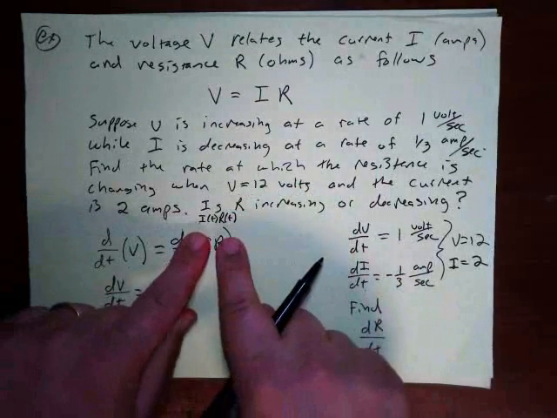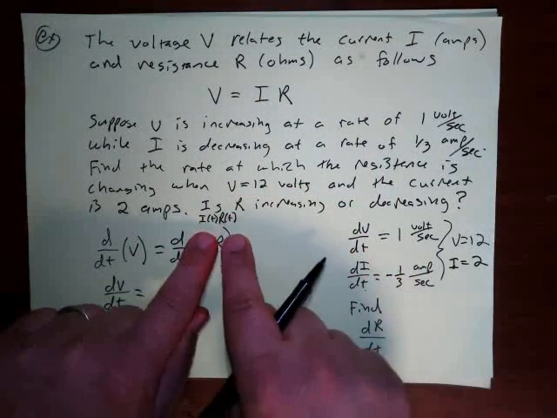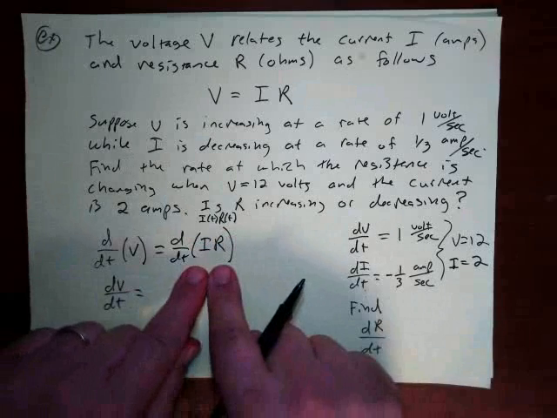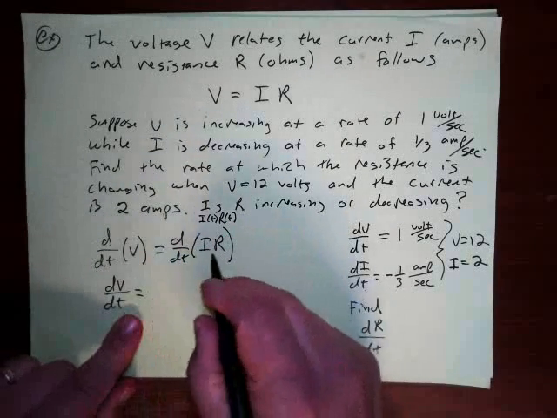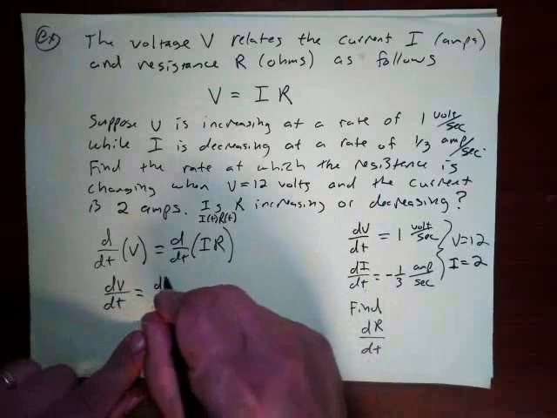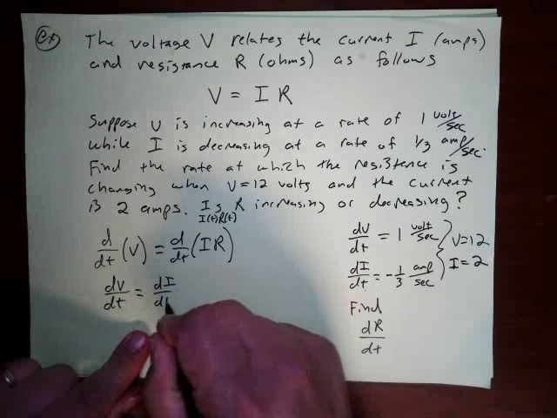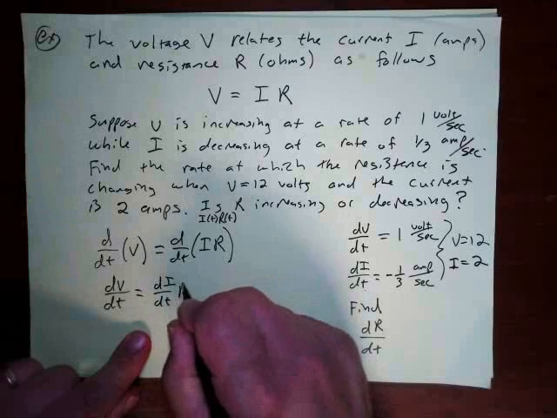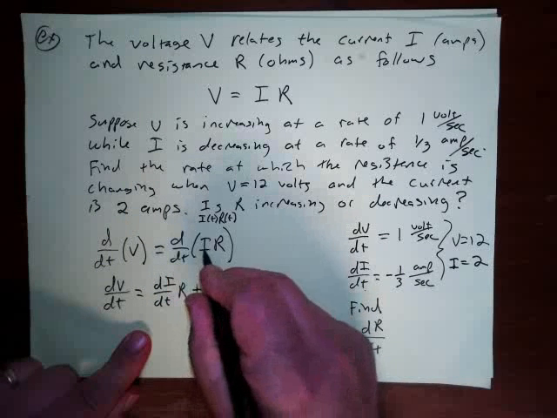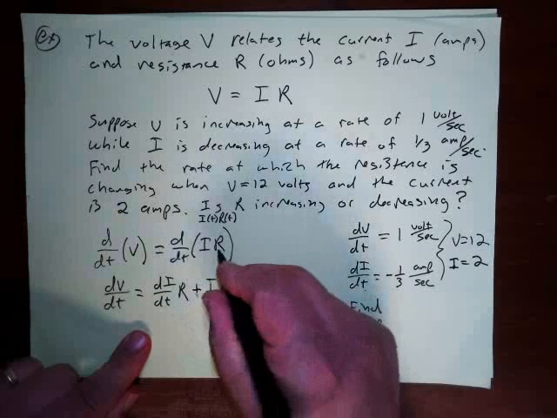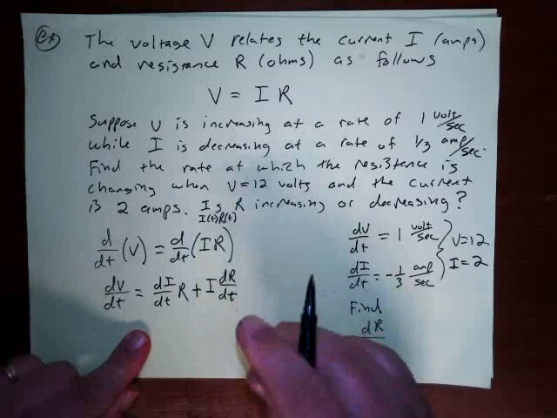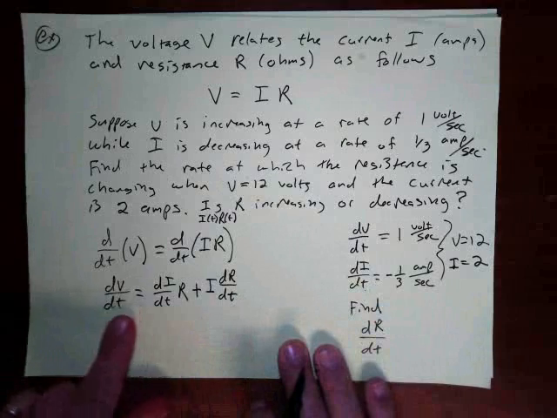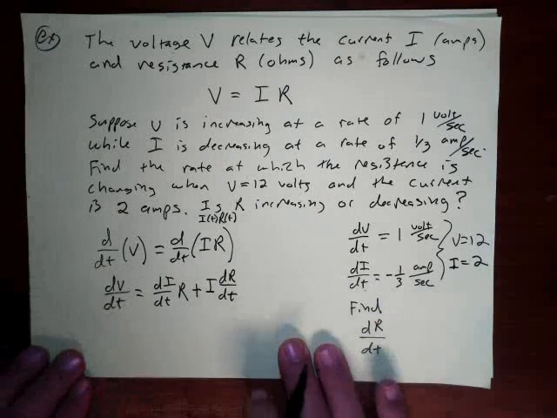So it's the product of 2 functions, and these are implicit functions of t. And so I'm going to have to use the product rule. I take the derivative of the first one, which is dI/dt, times the second one, which is just R, plus the first function times the derivative of the second one, dR/dt.